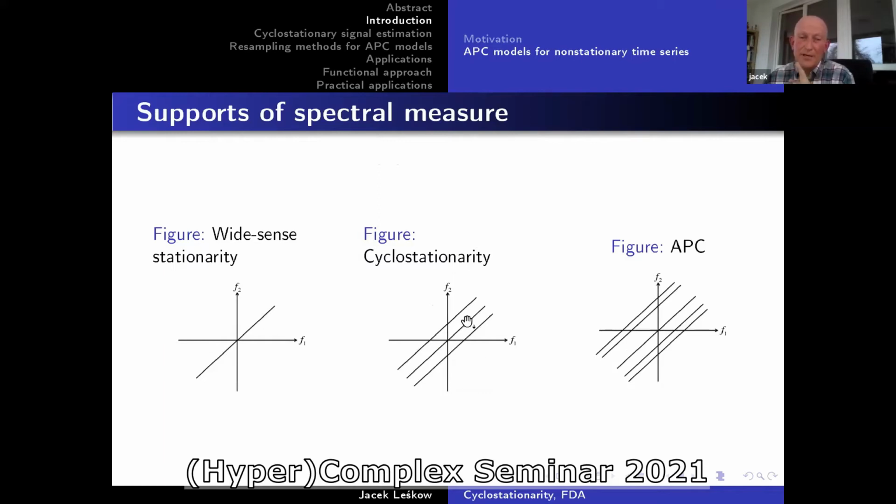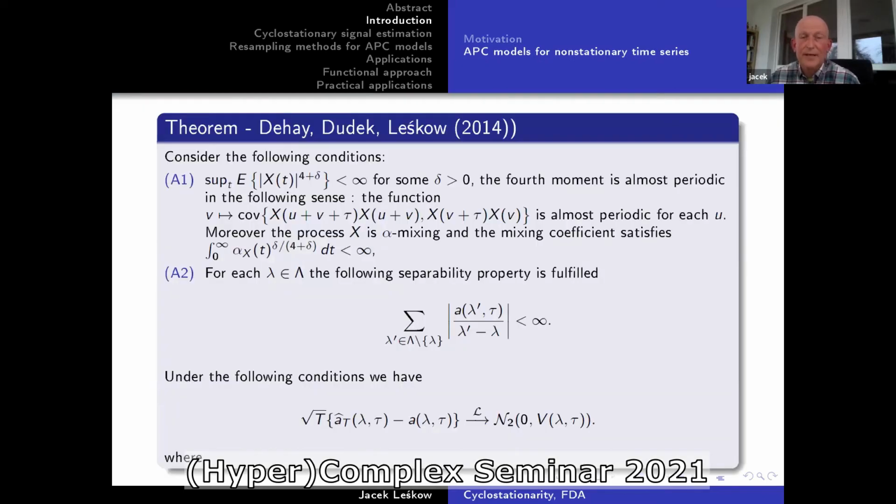Here, there is only one period, so lambda is an integer multiple of 2 pi over T, where T is the period. But here, you can have many lambdas, which creates a much richer structure, better for data description, but also more difficult from a statistical and application point of view, and also more interesting from a mathematical point of view. So let me first present a result.